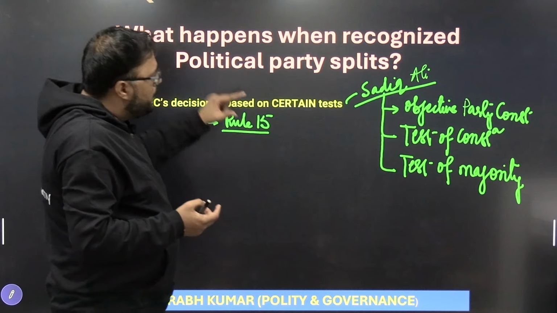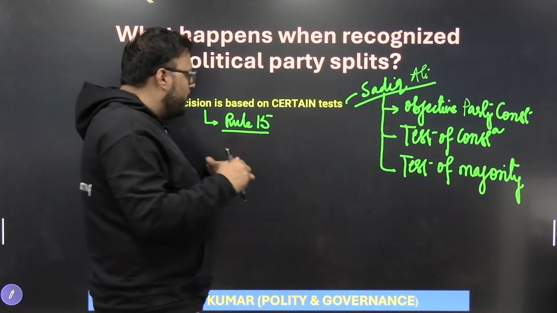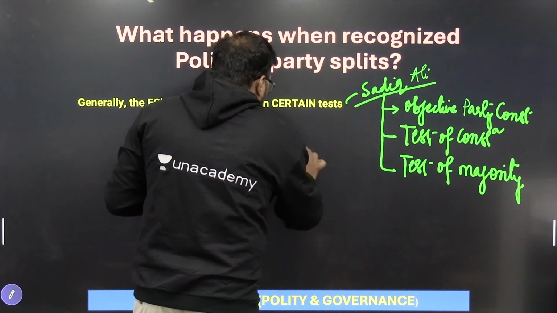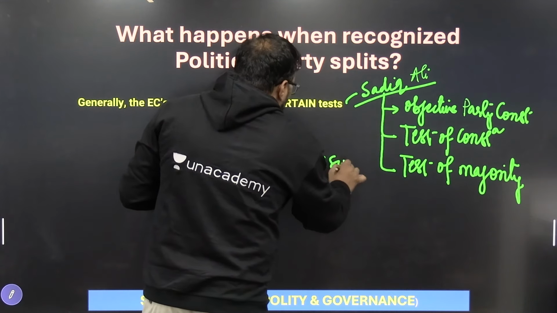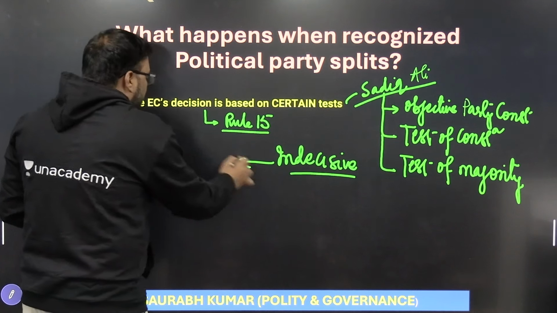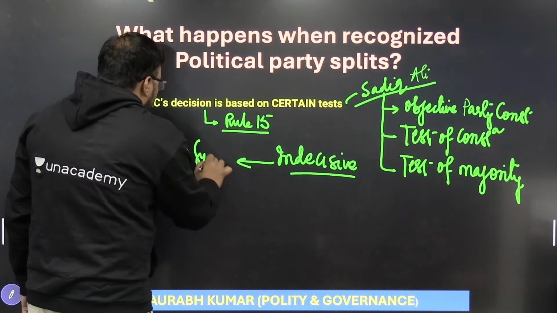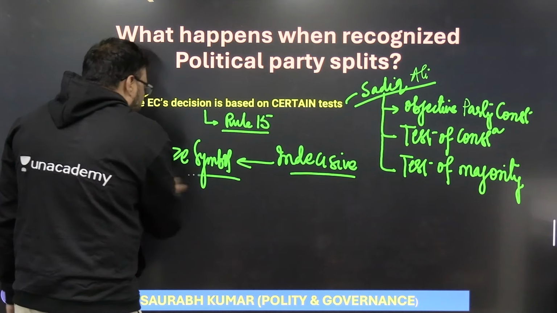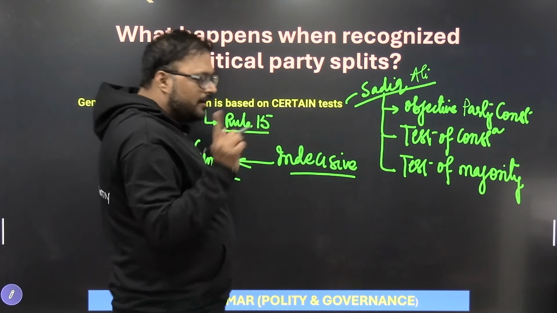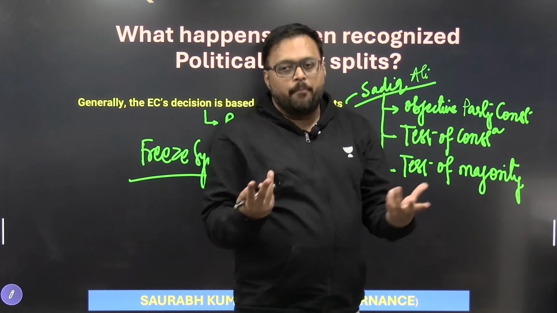Accordingly, it will be decided. Sometimes the Election Commission of India feels very indecisive. In that case, it will freeze that symbol completely, and then ask all the factions to choose a new symbol.